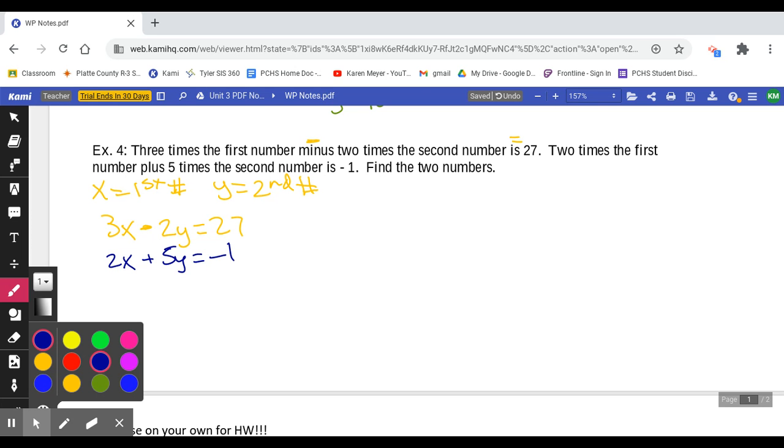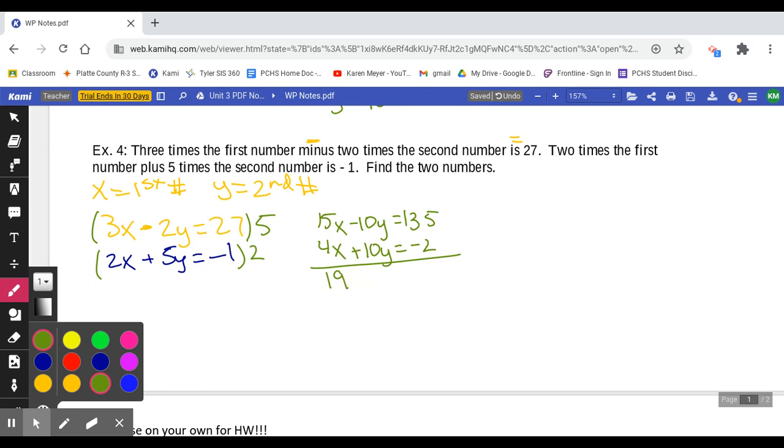So now let's say we want to cancel out y. So if I want to cancel out y, I'm going to multiply the top one by 5 and the bottom one by 2. So that will give me 15x minus 10y equals 135. On the bottom, multiply that, and I get 4x plus 10y equals -2.